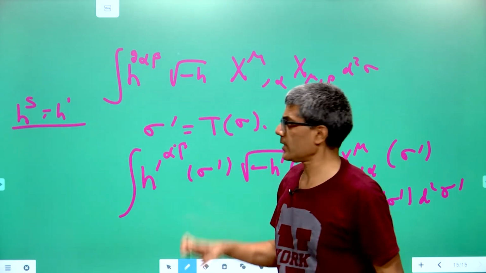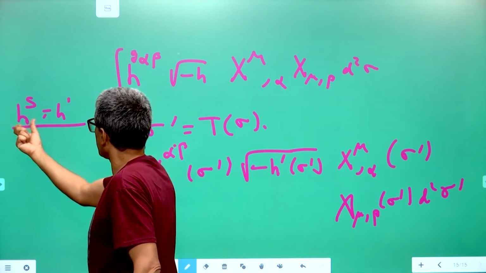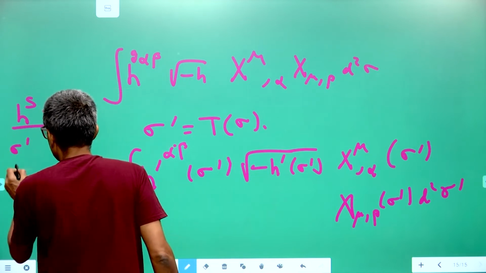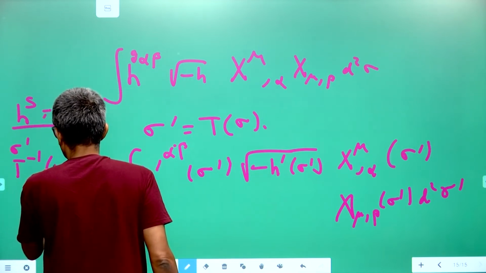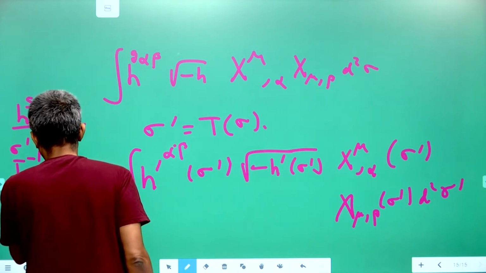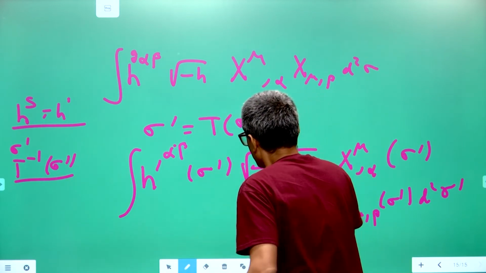Okay, change by reparameterization. That means first I apply the standard change of transformation of a tensor formula and replace sigma dash by T inverse sigma dash, T inverse sigma. That means I replace it so that I evaluate it at sigma. So, this is going to change by what?